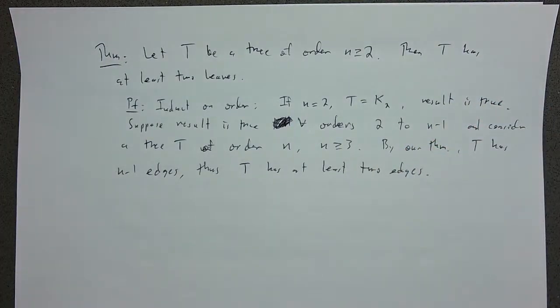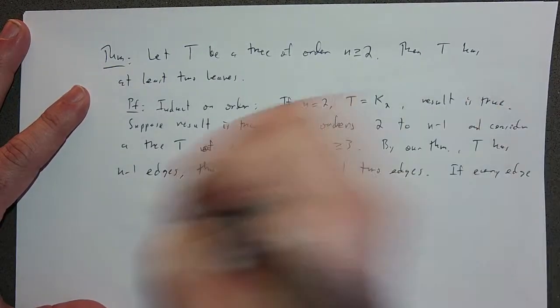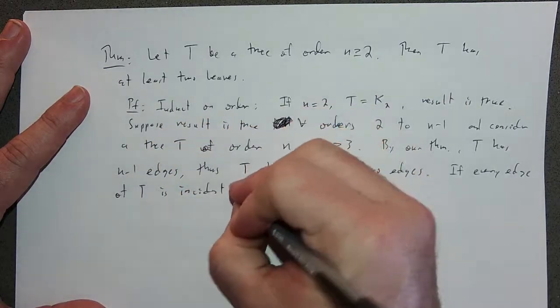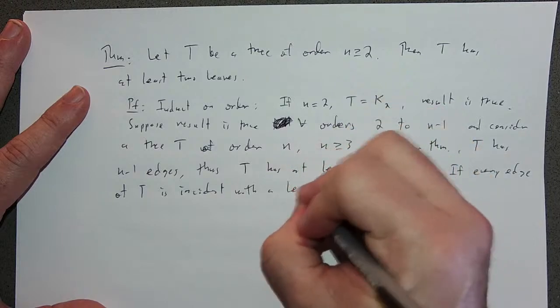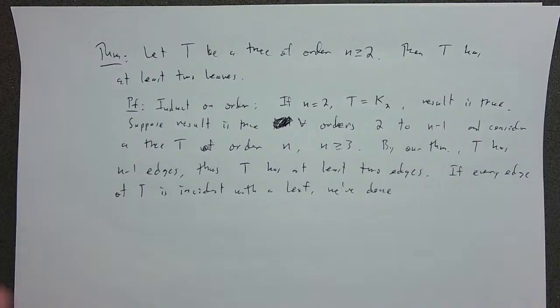Now, if every edge of T is incident with a leaf, then T has at least 2 leaves, so you're done. Since there are at least 2 edges, if each edge is incident with a leaf, we have at least 2 leaves. That's it. We're done. So then assume that there is some edge of T that is not incident with a leaf.